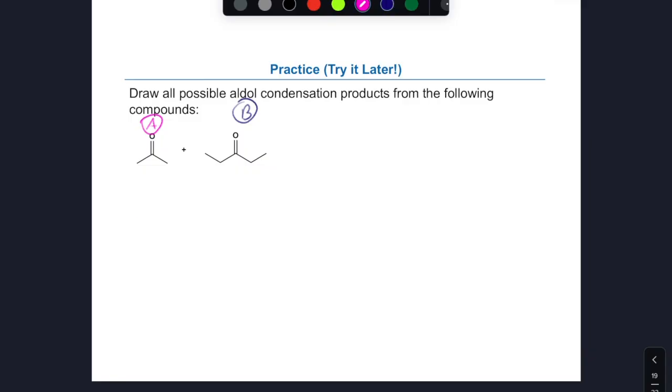So if this was the nucleophilic fragment with another molecule of the same, adding after condensation, we would get the following. The nucleophile can add here or here. It's symmetric, so both give the same product. In a one-to-one addition, we would get this one, A with A, to give that structure.